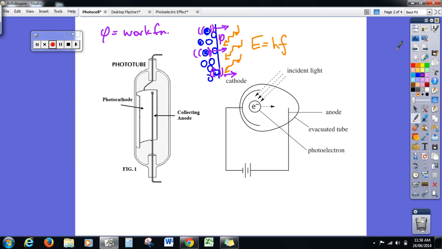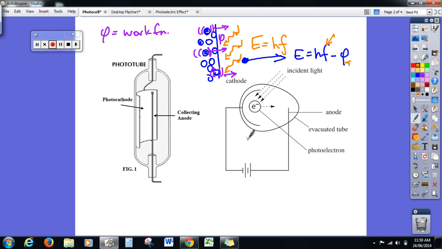That means that an electron which is emitted and leaves has E equals hf, the original amount of energy that it got from the photon, minus the work function. If we consider this, there's going to be a specific value of f, the frequency of the photon, that is required to overcome the work function.